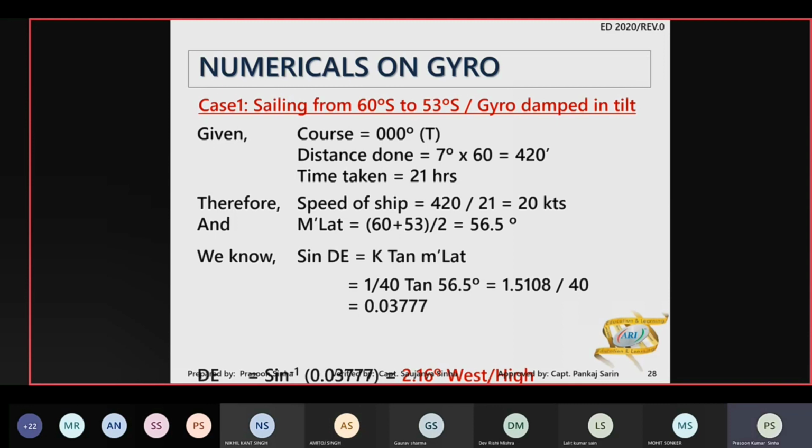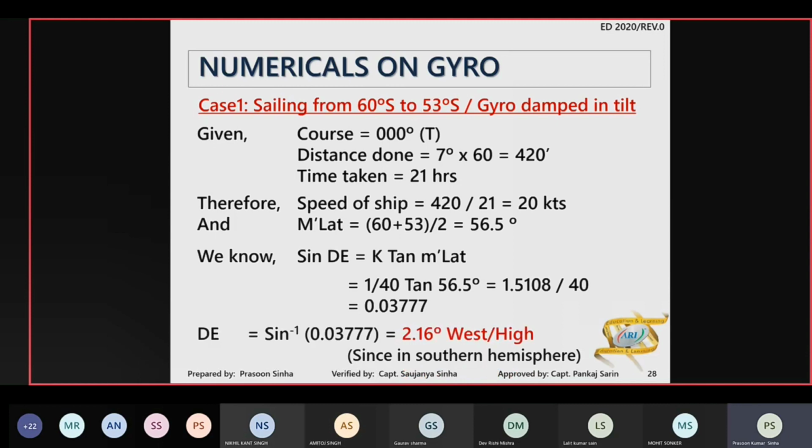Northerly or southerly course is about steaming error. Which latitude you are in is to deal with damping error or latitude error. South west, north east.